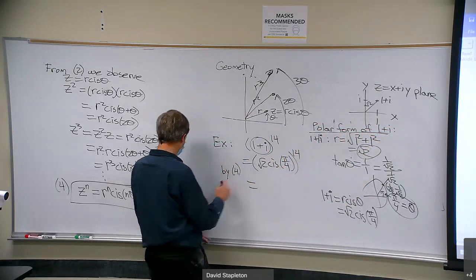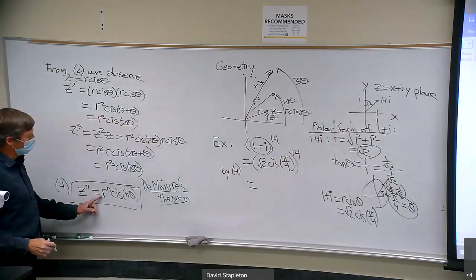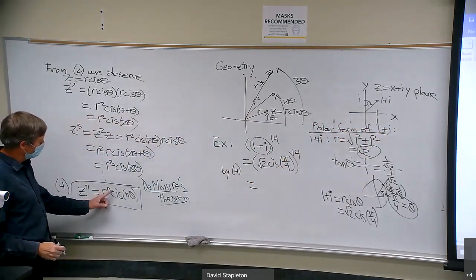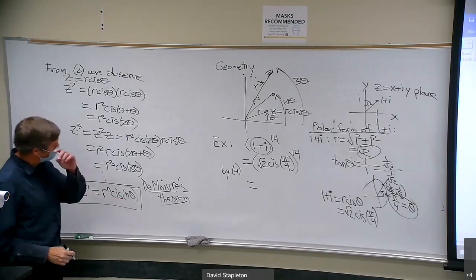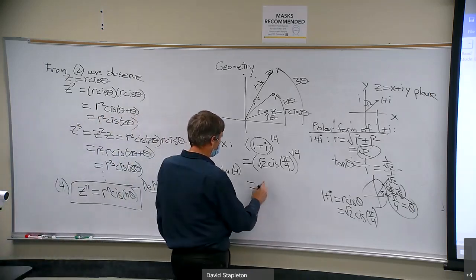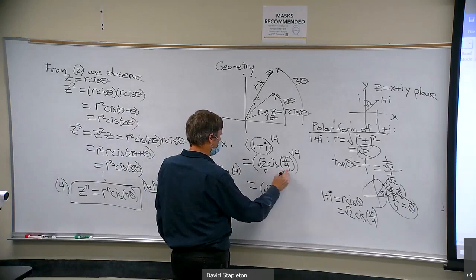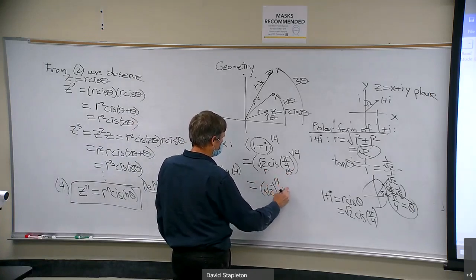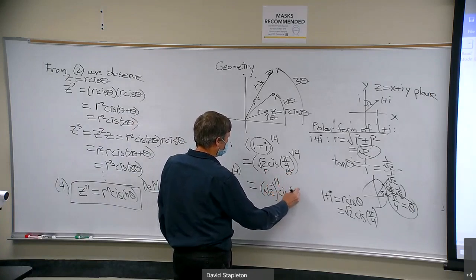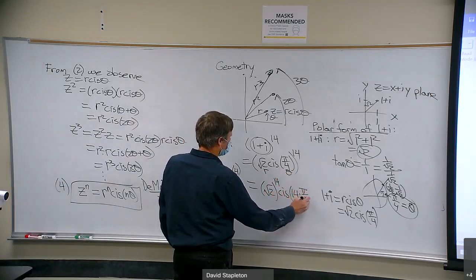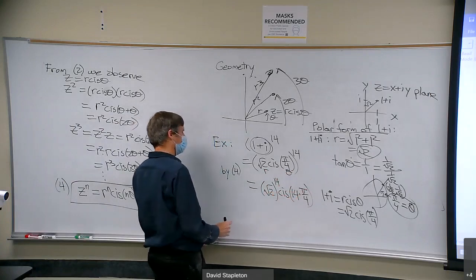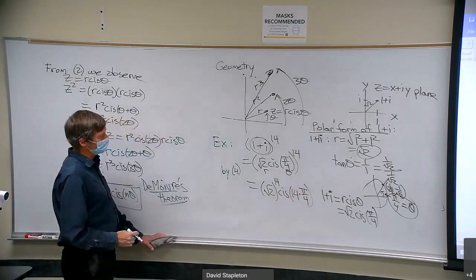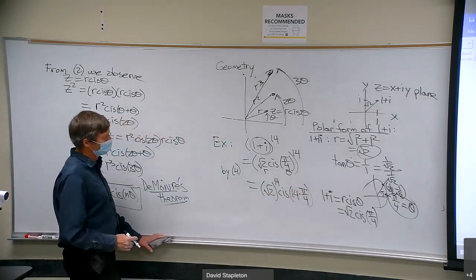By de Moivre's theorem, I take the 14th power of r and 14 times the angle. So this is my r and my theta. This is the 14th power: square root 2 times cosine plus i sine of 14 times the angle pi over 4. There it is.